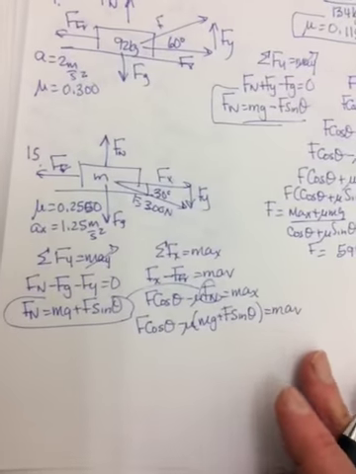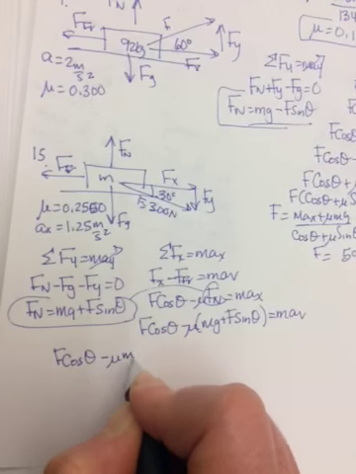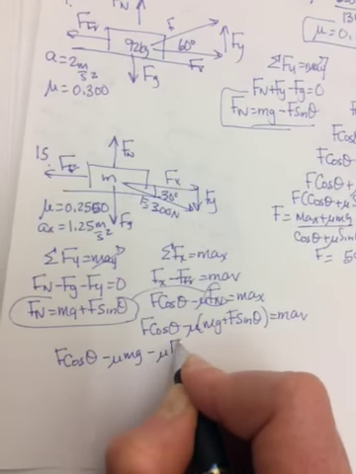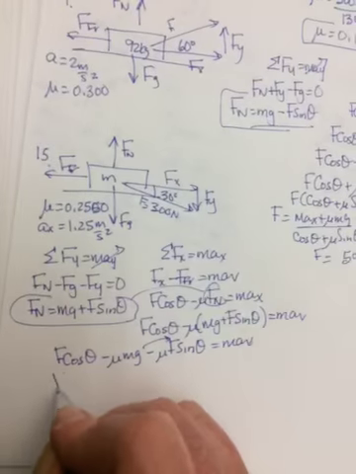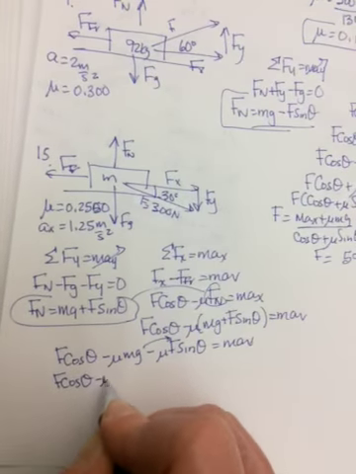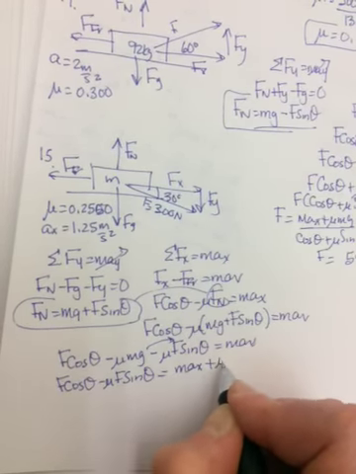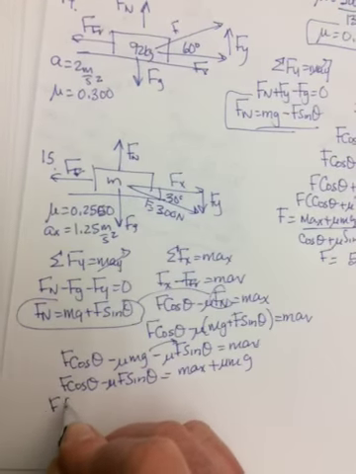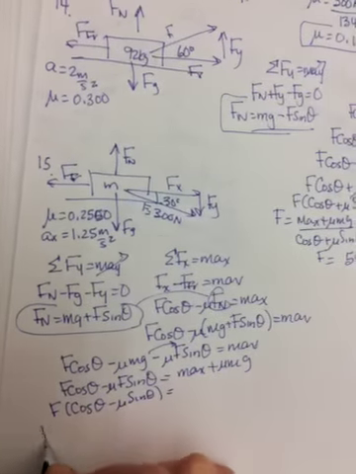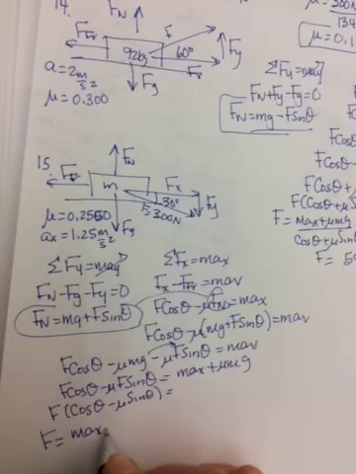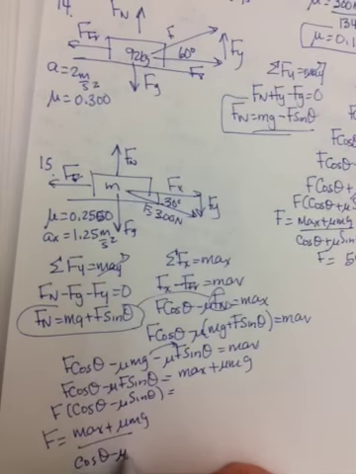So now multiply through by the mu, and you get F cos theta minus mu mg minus mu F sine theta is equal to m a_x. Take your mu mg over, so F cos theta minus mu F sine theta is equal to m a_x plus mu mg.